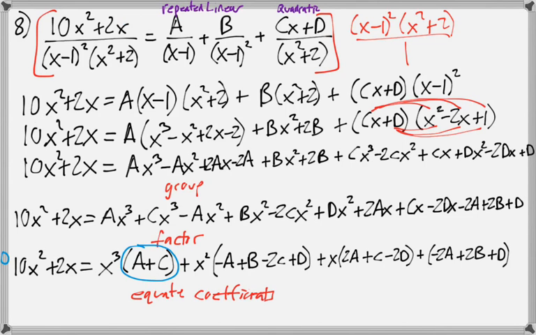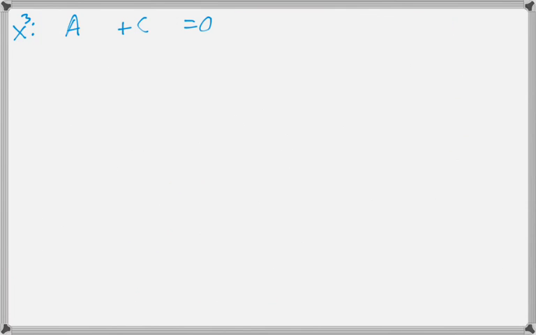I want to jump back and look at the x squareds. All of this I'm going to set equal to the 10. So my x squared equation is going to be negative a plus b minus 2c plus d is equal to 10.